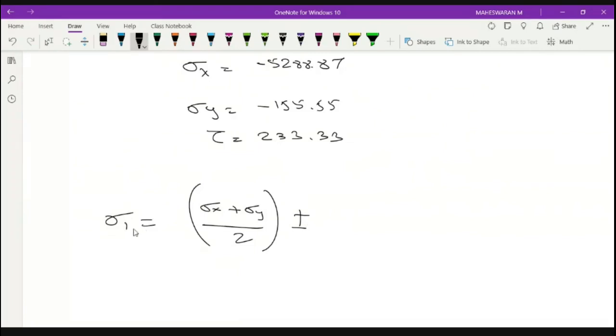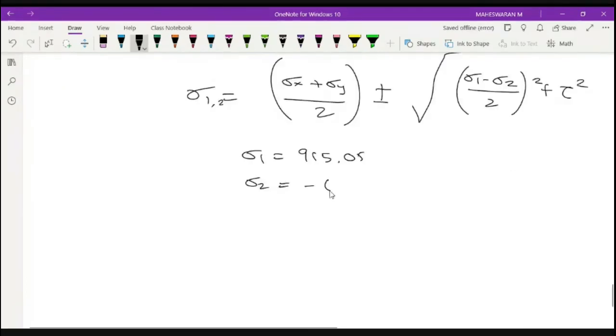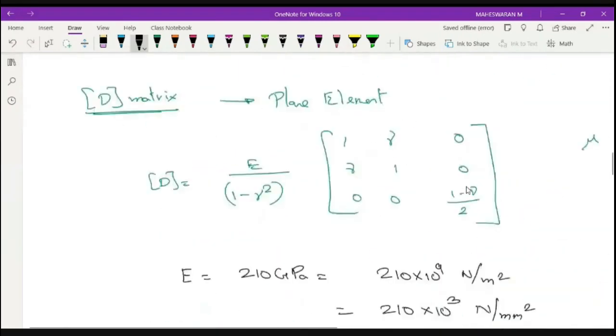Plus means sigma 1, minus means sigma 2. Root of sigma x minus sigma y by 2 the whole square plus tau square. So just apply this and identify what your sigma 1 and sigma 2 are. 6359.5. Okay. All are in Newton per mm square. Right. So this completes the problem.